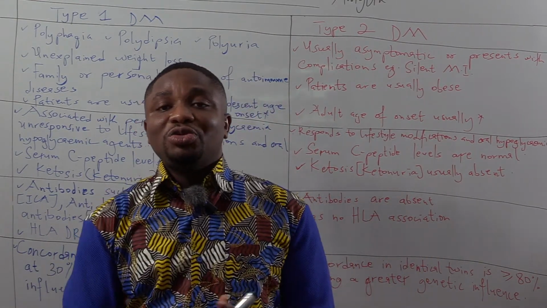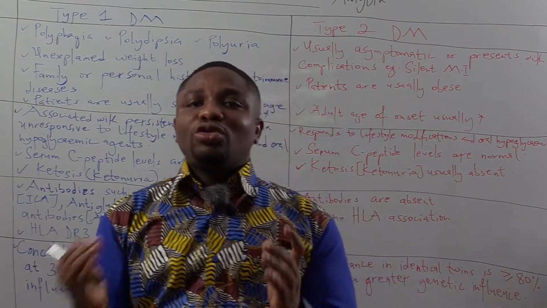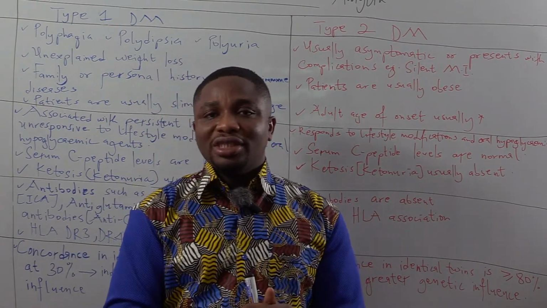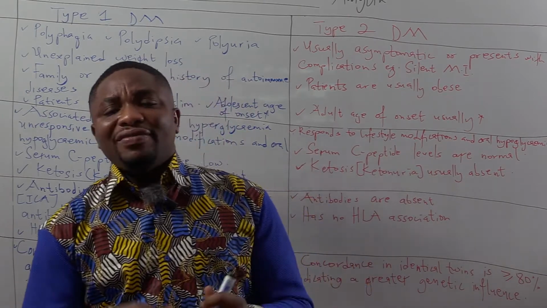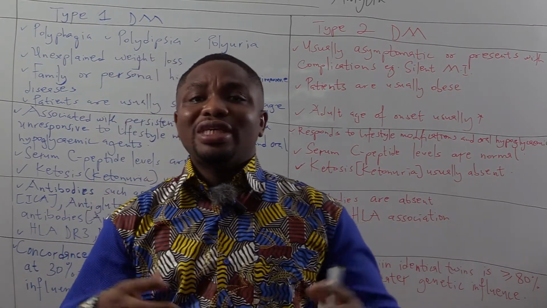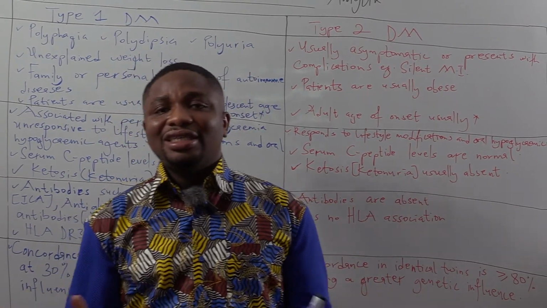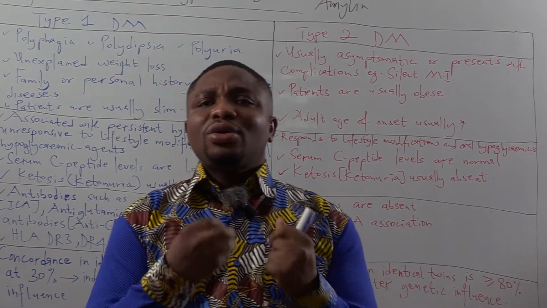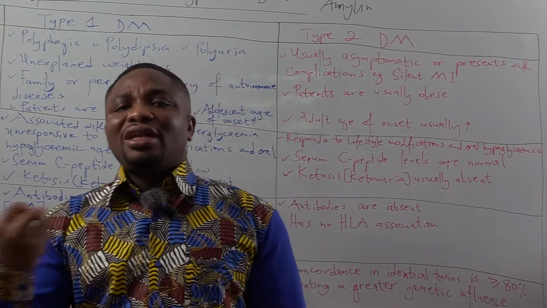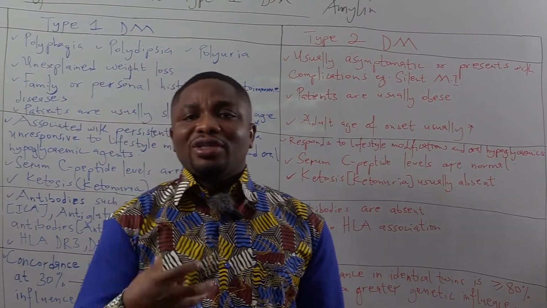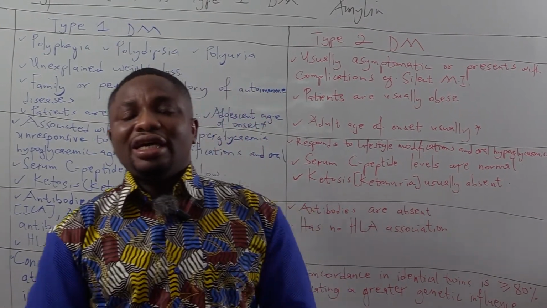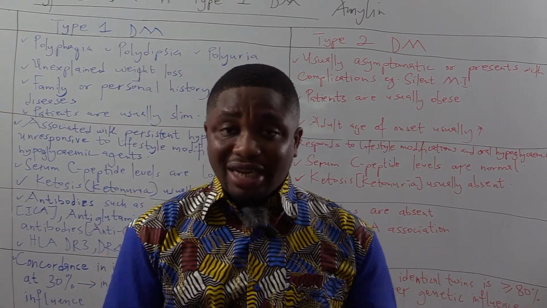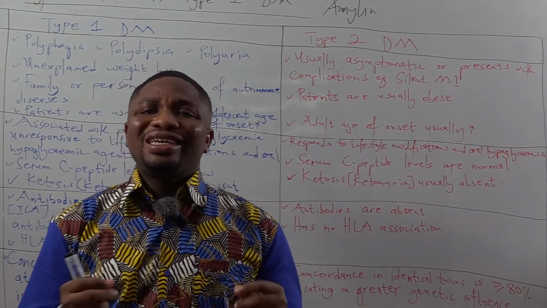It creates an osmotic gradient where water is drawn to wherever the glucose is. And by so doing, if there is excess amount of glucose in circulation or in the blood, it is sent to the kidney where it will be excreted. And as glucose is being excreted, it draws along with it what? A lot of water, leading to the diuresis. And that mechanism is what we call osmotic diuresis.